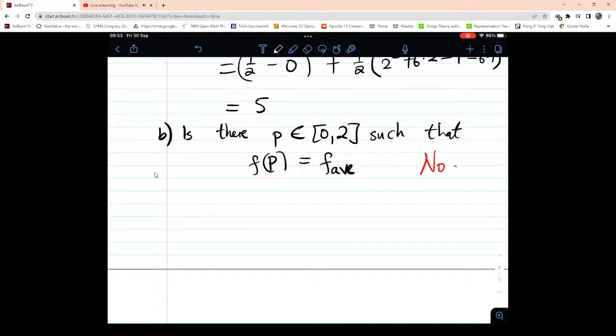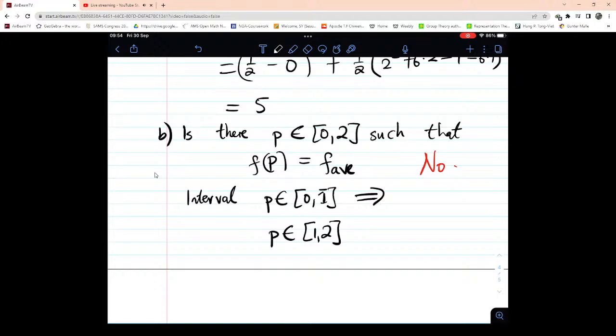So we have to deal with our cases based on the intervals. So we've got 2 intervals. We've got a case where p is from 0 to 1, and then we've got when p is from 1 to 2. I'm not going to do the calculation, you can do that.